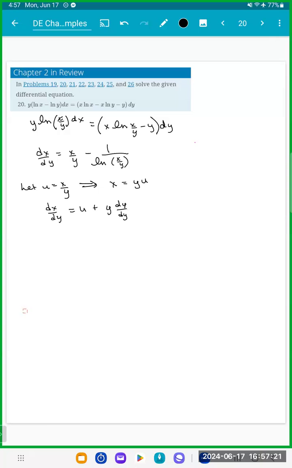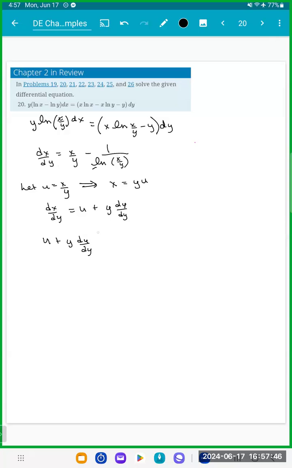Okay. This we could then say u plus y du/dy. We're just writing the left on the right and the right on the left, but instead of dx/dy, we're going to substitute in this portion of it as well.